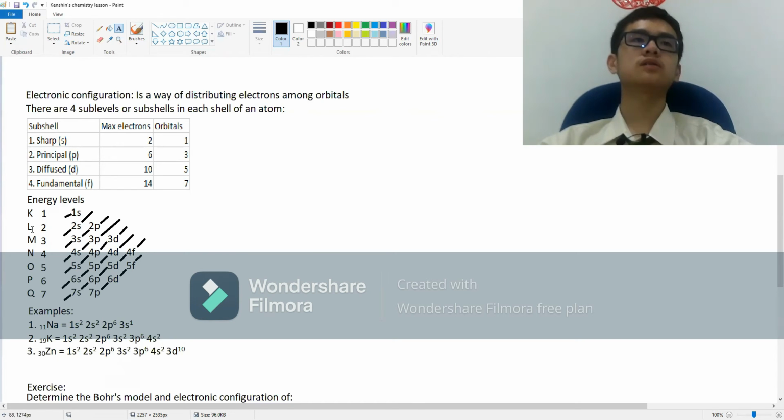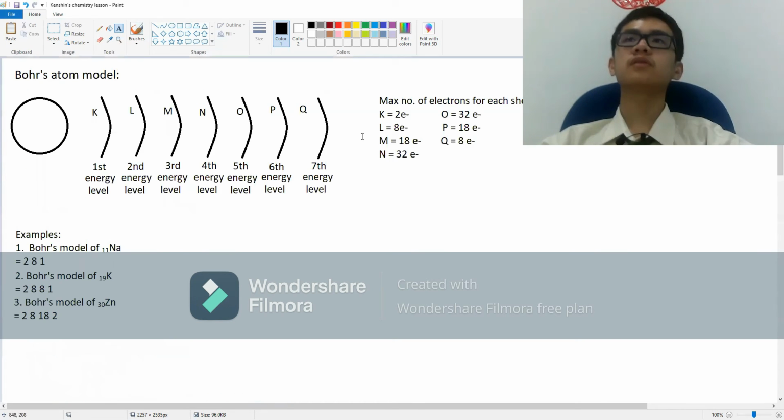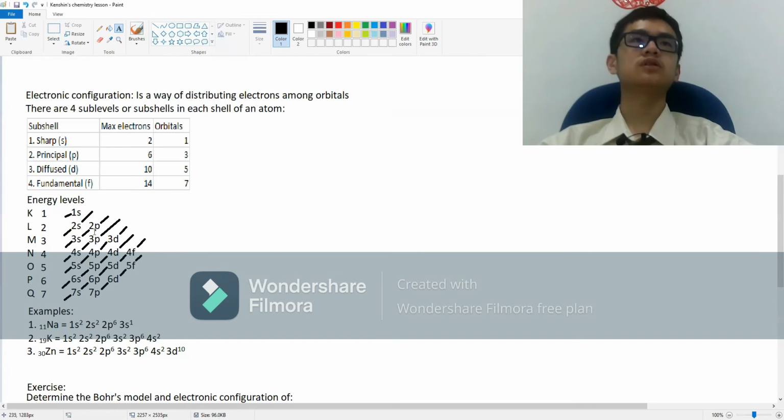Now for each shell, L can have 8 electrons at most, so we add them together. L has subshells of 2s and 2p, because 2 plus 6 is 8. Now this is the model of the electronic configuration.